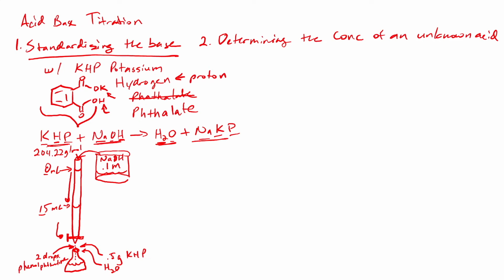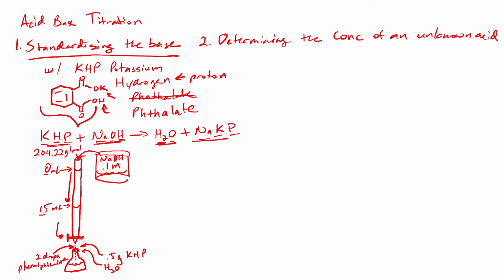Or in other words, that's how much volume it required to get the KHP to what they call the endpoint or the equivalence point, where for every mole of KHP, there's an equivalent number of moles of sodium hydroxide. Okay, and so you started out with 0 mils here, and you ended with 15 mils.